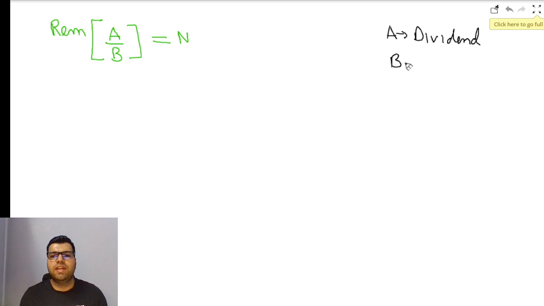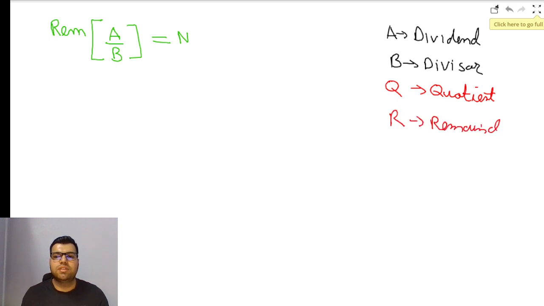B is the divisor, very intuitive. Let us say the quotient is represented by Q. We need not write the quotient here because remainder questions mostly don't require us to know it. And R is the remainder, of course.